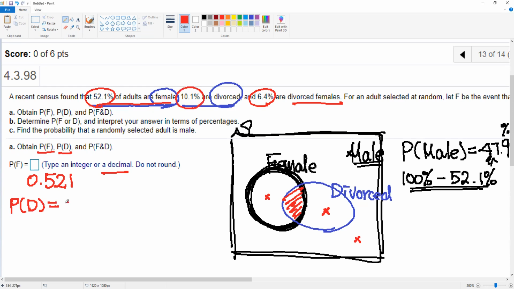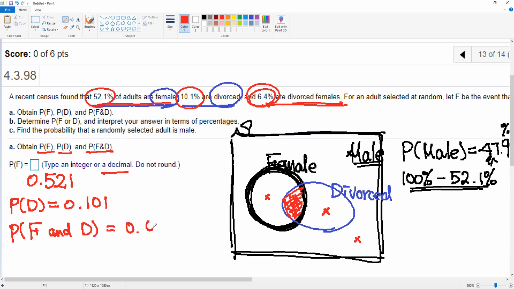So you should answer 0.101. And the third one is the AND in the middle. AND, a divorced female, was given 6.4%. So the probability of female and divorced is 0.061. So that is 6.1%. Okay.